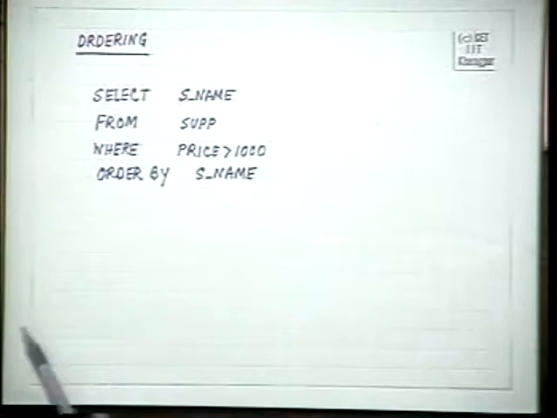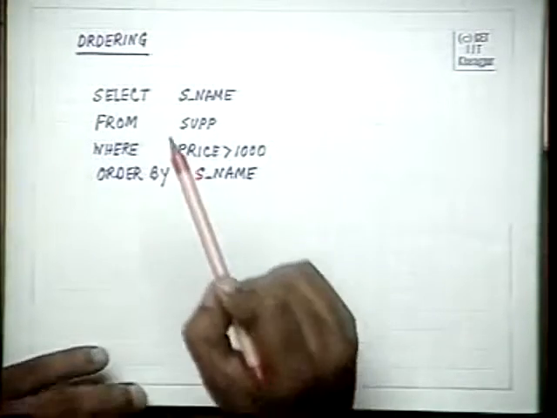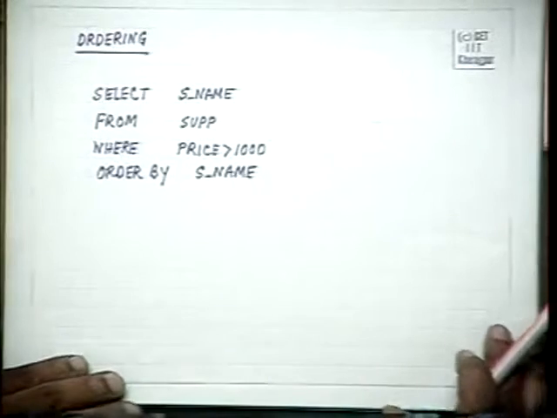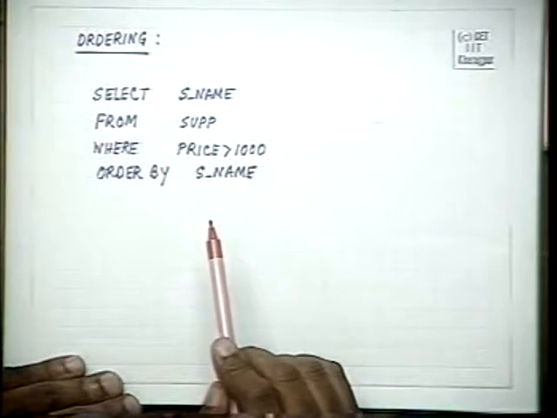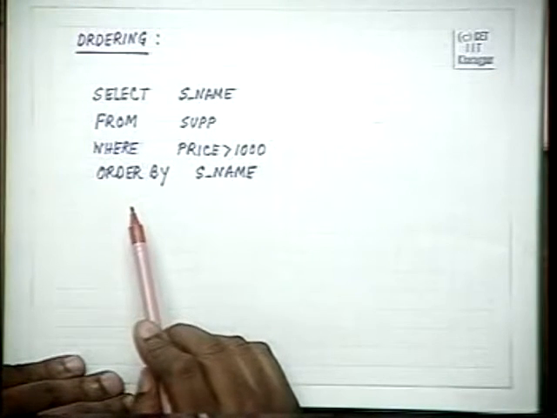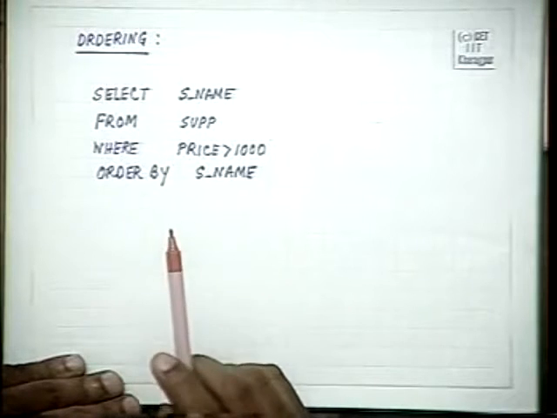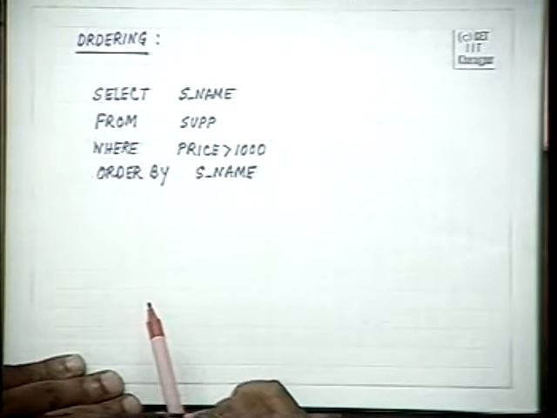So, first we come to the ordering functions, and let us take an example. The language SQL provides certain functions or certain statements which allow us to group and order the resultant relation in a particular way.